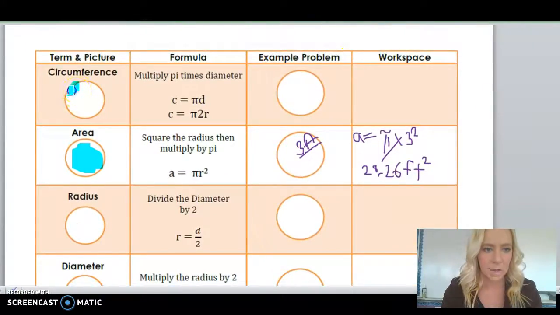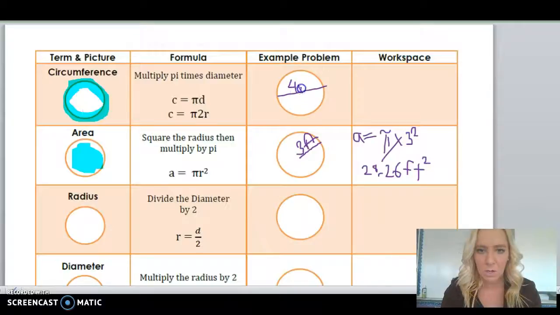Now let's go back and review circumference. Circumference is the distance around a circle. If given a diameter, we're going to multiply that diameter by pi, or 3.14. So let's label this 4 meters. In our workspace, we're going to take the circumference equals pi, or 3.14, times the diameter, which is 4.